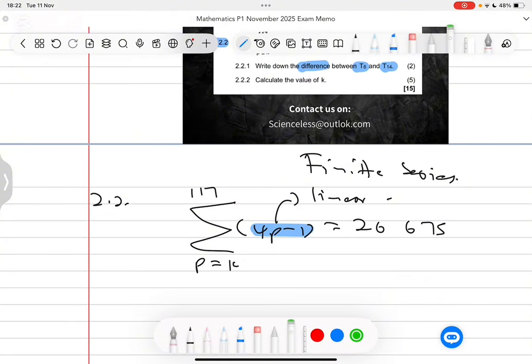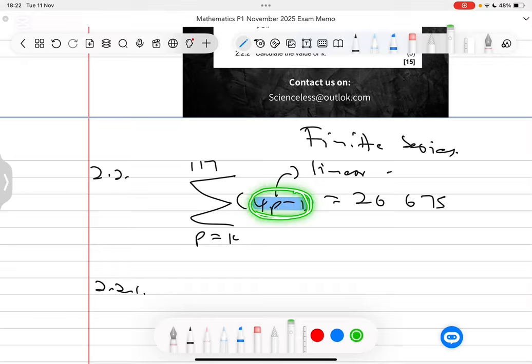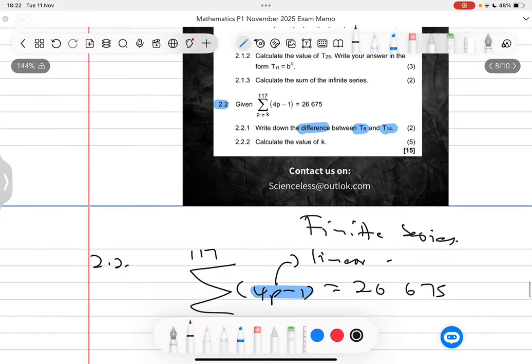Now, to do that, we are on 2.2.1. I'm going to put a 6 in place of p and find term 6. Really, this is 2 marks.